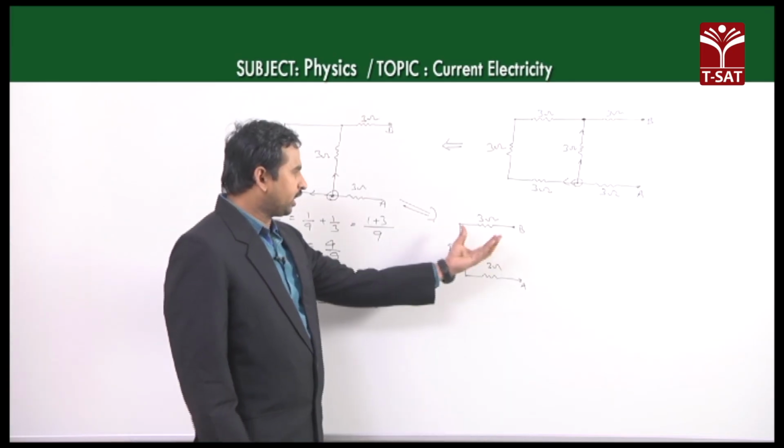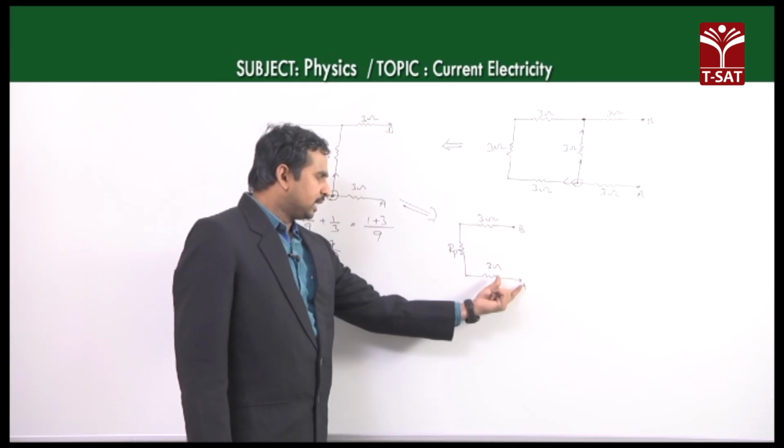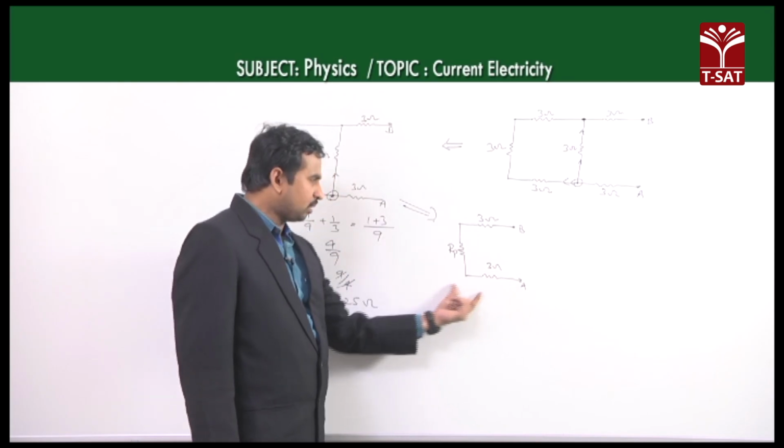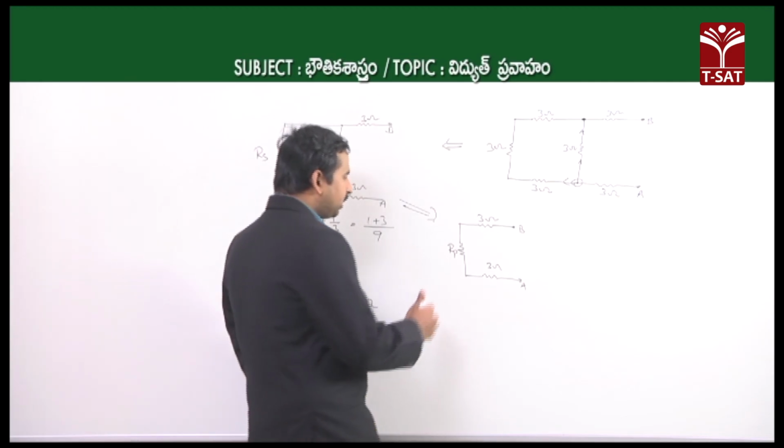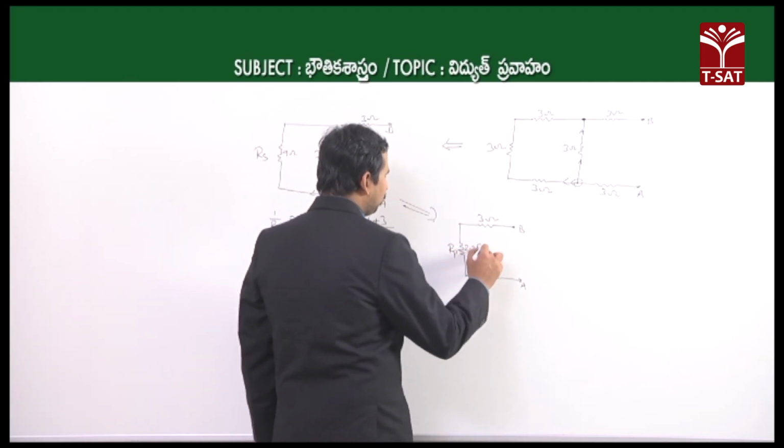So from A to B, the current simply passes through the 3 ohms, the same current passes through RP, and the same current passes through 3 ohms here, where we got the RP value 2.25 ohms.